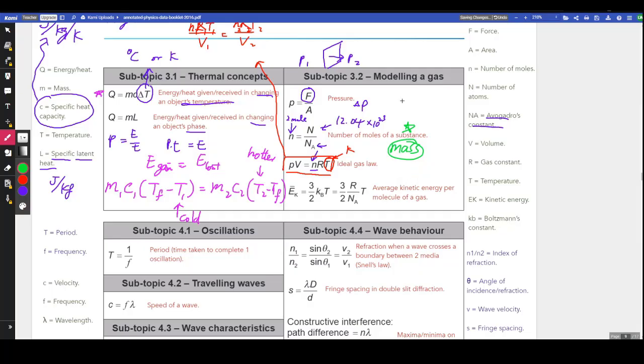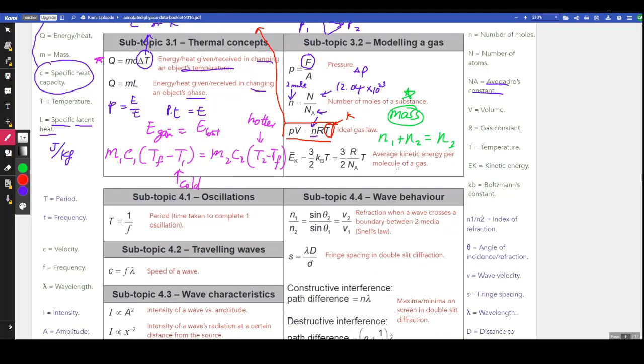Sometimes you may have 2 chambers, N1 and N2, and they'll say the valve got opened and the gases mixed up, so what you have to do is find N1 plus N2 equals the total N that you have, let's say N3 at the end, when you construct each equation for this ideal gas law.